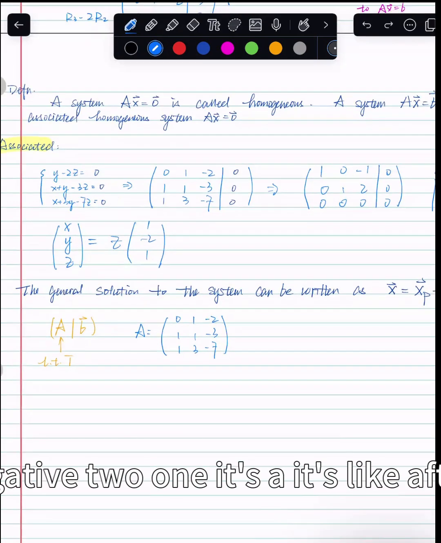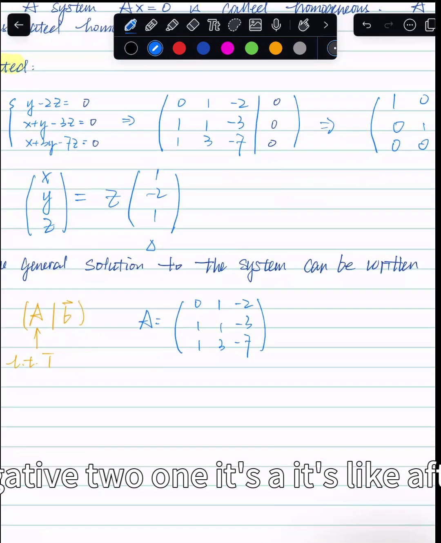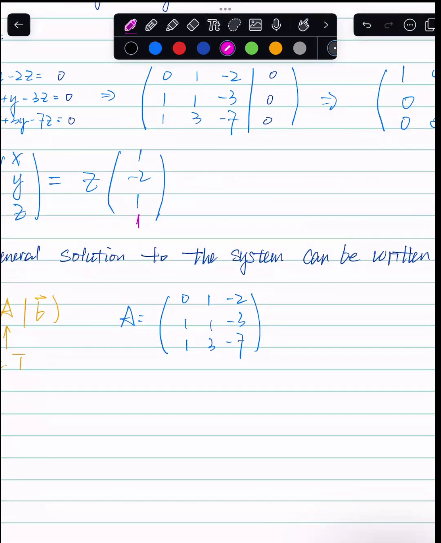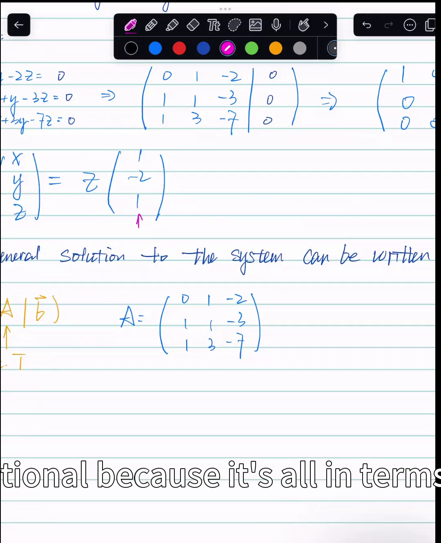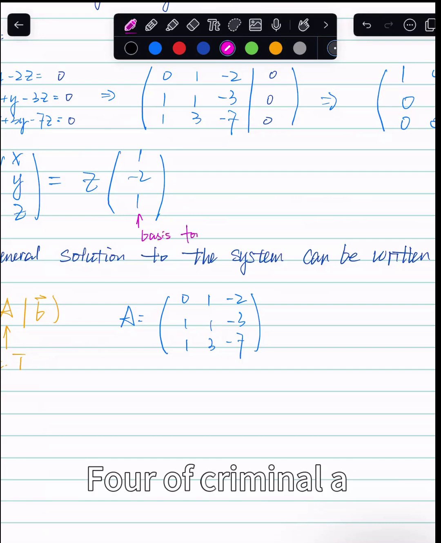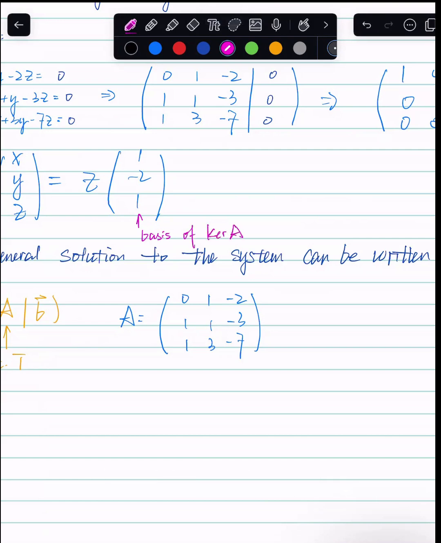So that means any linear combination of this (1, -2, 1), after the mapping, will give us 0 as a solution. Because it's proportional. Right. So we say this is the basis for the kernel of A.